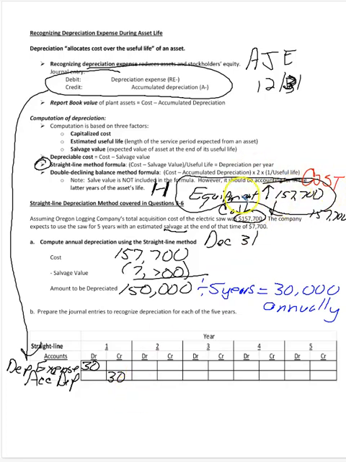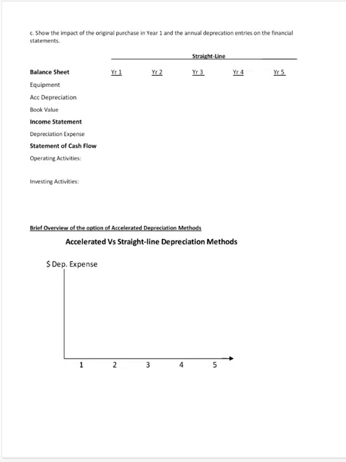So in year one, we have equipment, $157,700, depreciation expense of $30. Let's go look at what our financial statements will look like. So we would have $157,700 in the equipment account.